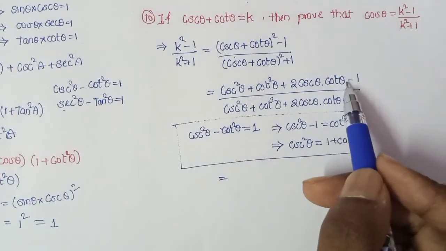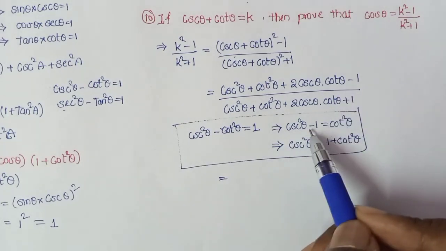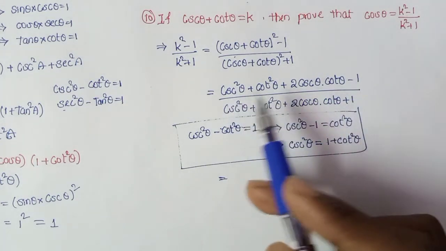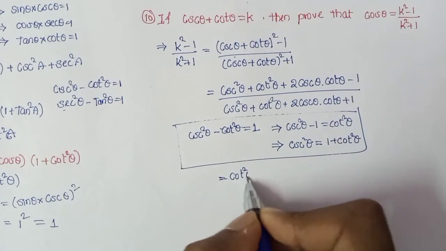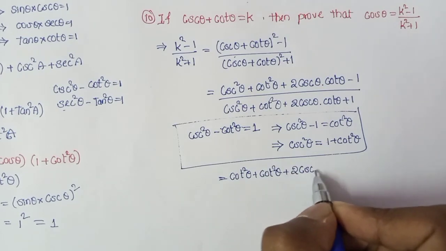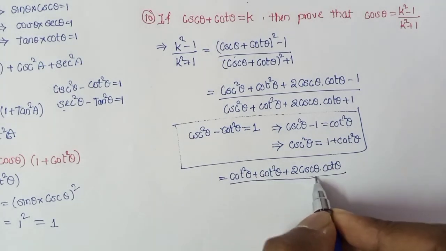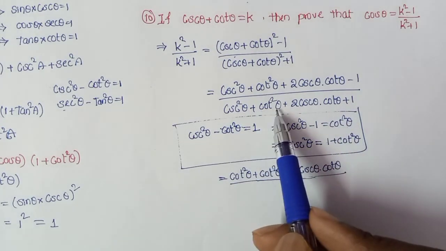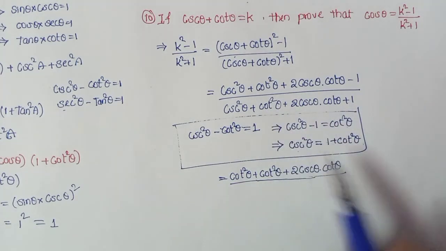Here, if you observe this minus 1, you can compare it with this. Cosec square theta is there, minus 1 is there, so you can replace these two terms with cot square theta. So we get cot square theta plus cot square theta plus 2 cosec theta cot theta, divided by, here the plus 1 term is there, and here cot square theta. So this plus 1 and cot square theta can be replaced with cosec square theta.